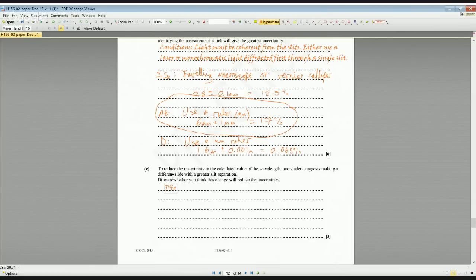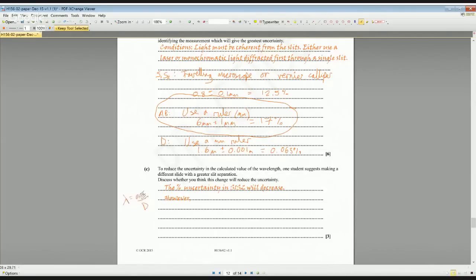So the percentage uncertainty in S1, S2 will decrease. However, we know that for a constant wavelength, we've got our equation lambda equals ax over d.